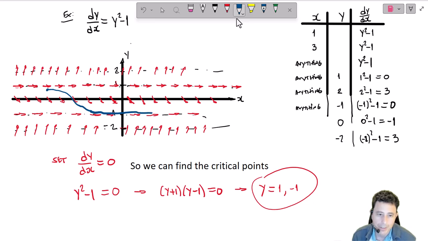So this is one solution. What happens if I drop the point right here? Well, then, see, it's going to the right, and then this is going to eventually go like this.